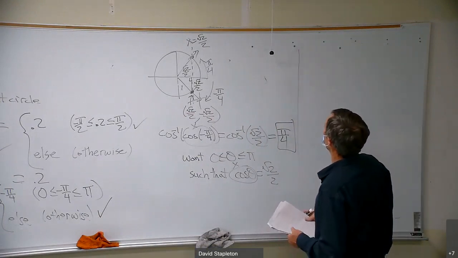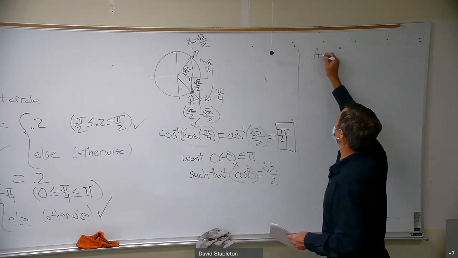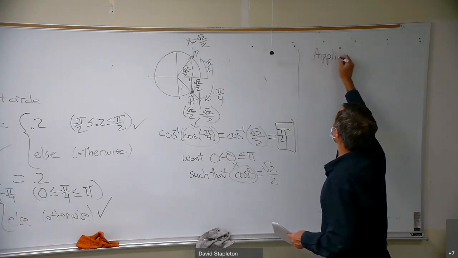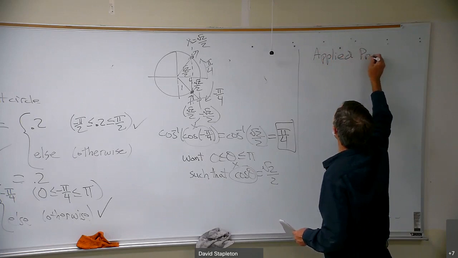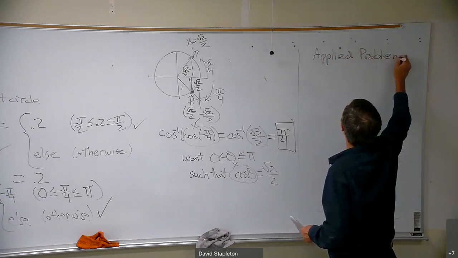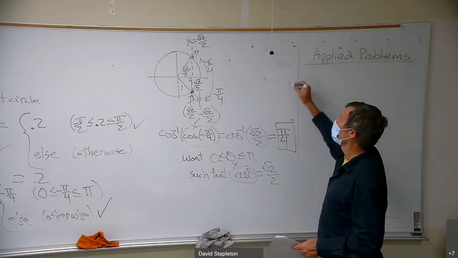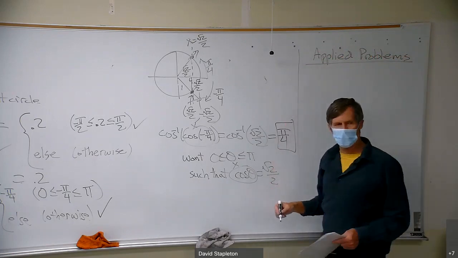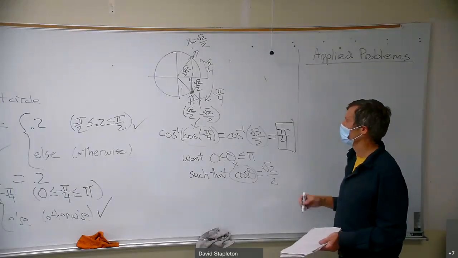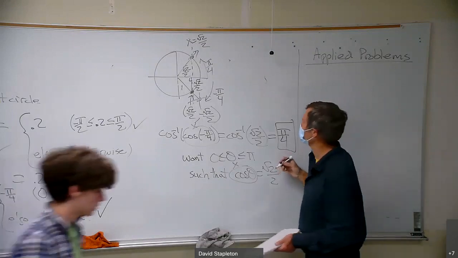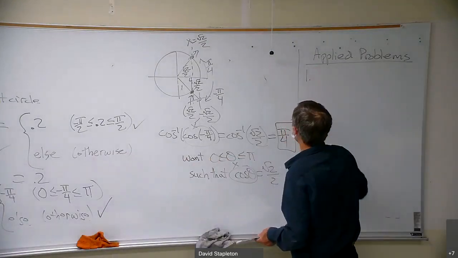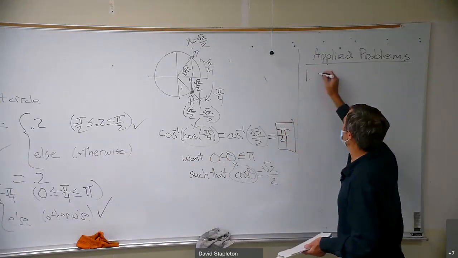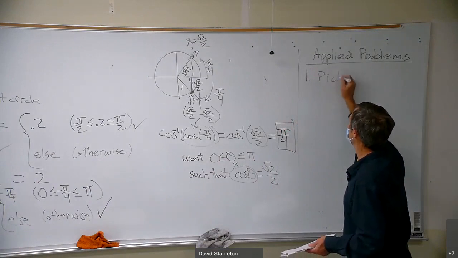So now what we need to do finally is some applied problems. That's all the hard stuff. We just want to do some applications. And the same comment on applied problems works as before. How do you solve an applied problem in trigonometry at least? Since it's normally geometrical, the first thing we do is draw a picture.